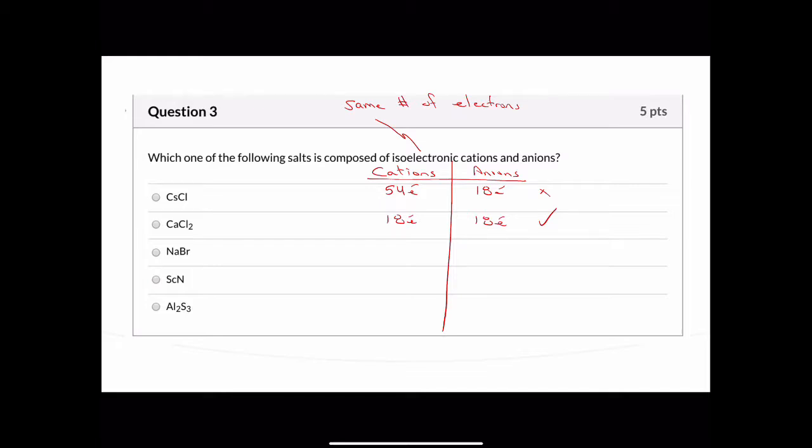For sodium bromide, I have a total of 10 electrons and 36 electrons. For scandium nitride, I have 18 electrons and 10 electrons. And for aluminum sulfide, I have 10 electrons and 18 electrons for the cation and anion respectively. So the answer is calcium chloride. Both the calcium ion and the chloride ion have 18 electrons, making them isoelectronic.